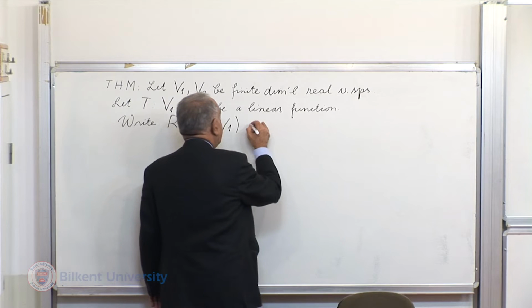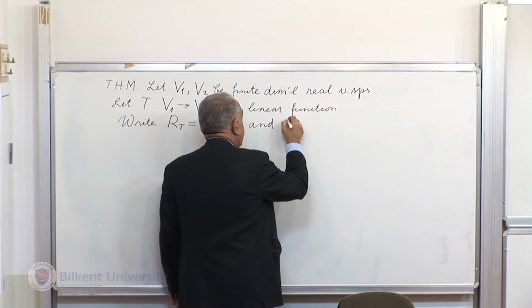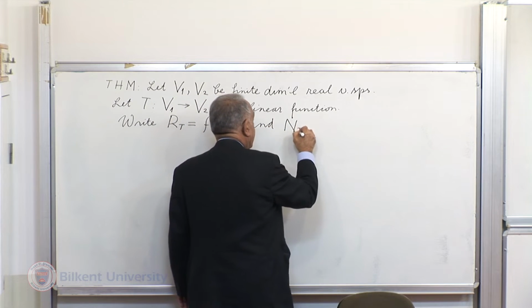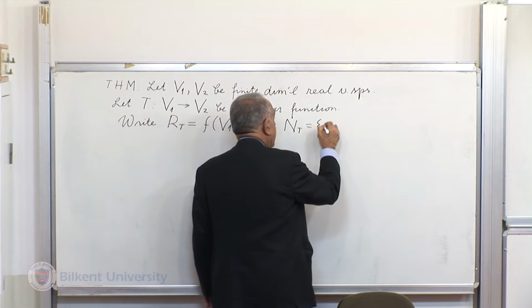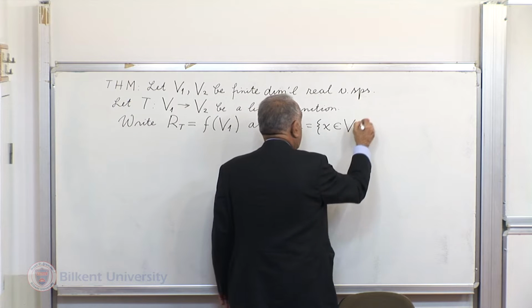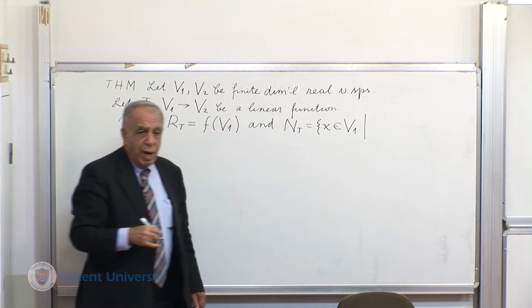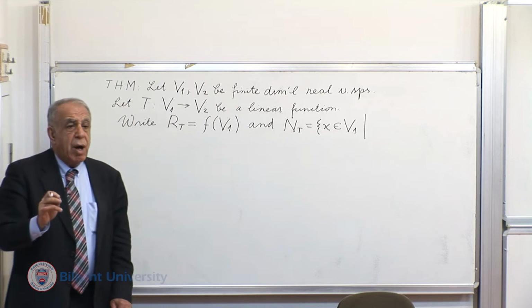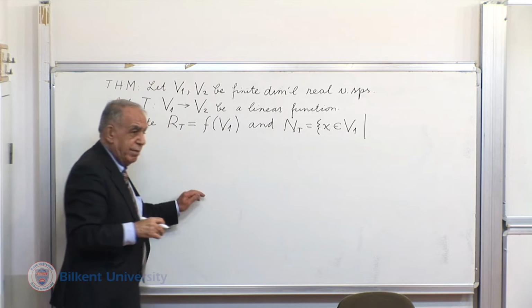And N sub T, the set of all vectors in V1 which are mapped onto the zero vector of V2.